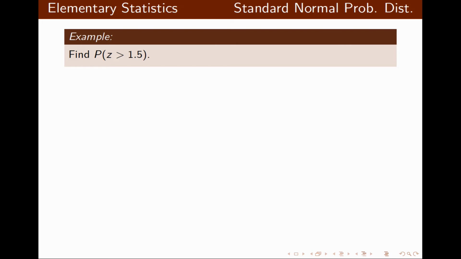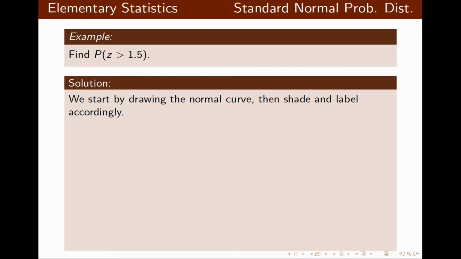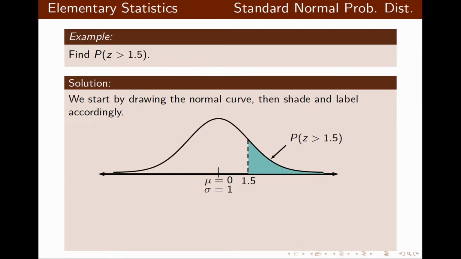Now let's find probability that z is greater than 1.5. Again, we're going to draw the normal curve, shade and label accordingly. The mean is 0, standard deviation is 1, and we want to shade the area greater than 1.5 for z. The shaded region is the probability that we are trying to find.